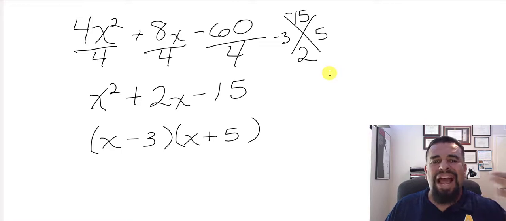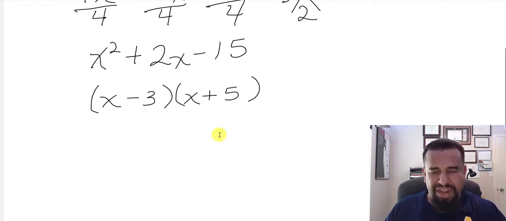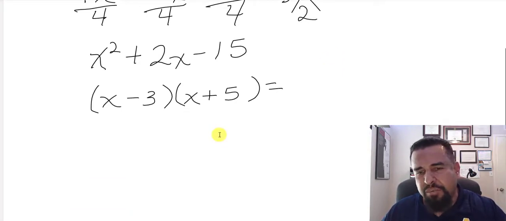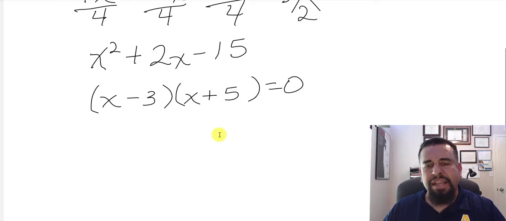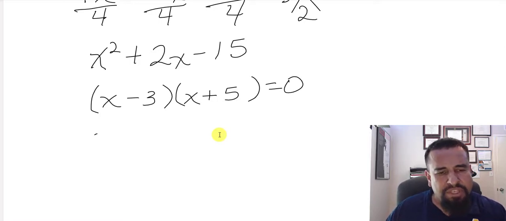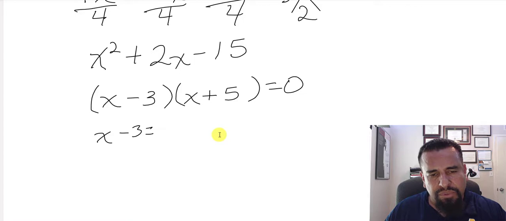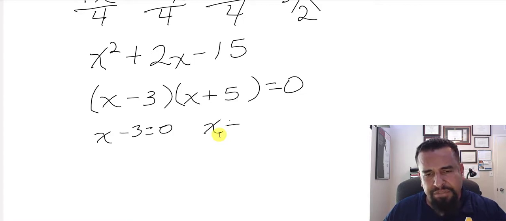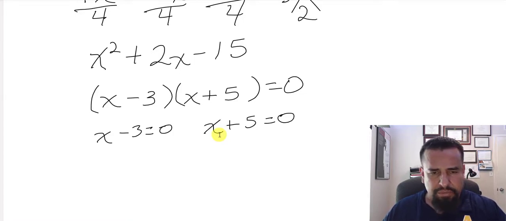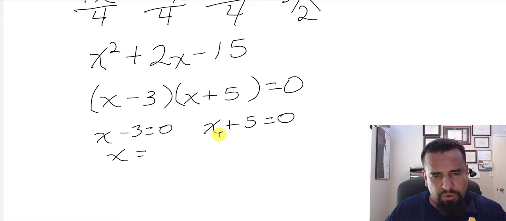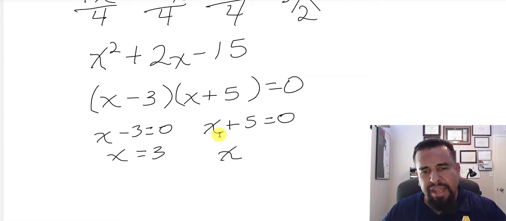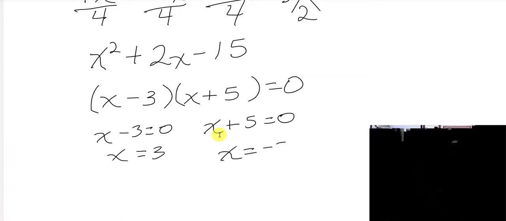At this point, I have factored my quadratic, but I want to get a final answer, which is my x-intercepts. So I'm going to set it equal to 0, which means x minus 3 equals 0, and x plus 5 equals 0. Therefore, x equals positive 3, and x equals negative 5.